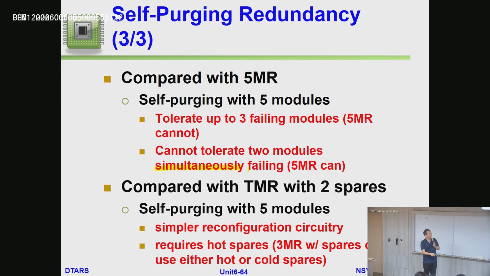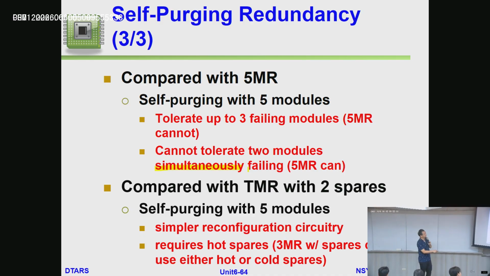And we can also compare TMR with 2 spares for this one. TMR with 2 spares is a dynamic one. If you still remember, if we find some failing modules, then we can use these 2 spares to fix the system.